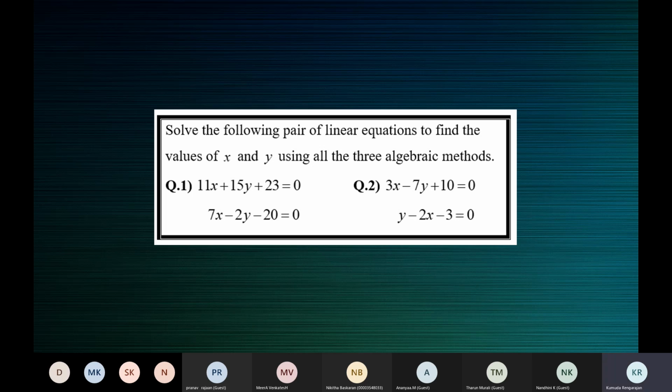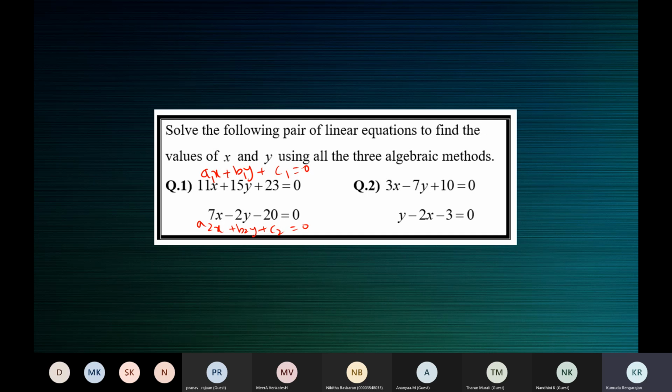Okay. So solve the following pair of linear equations to find the values of x and y using all the three algebraic methods. So you can see here, this is ax plus by plus c is equal to 0, or I should say a1x plus b1y plus c1 is equal to 0. This is a2x plus b2y plus c2 is equal to 0.